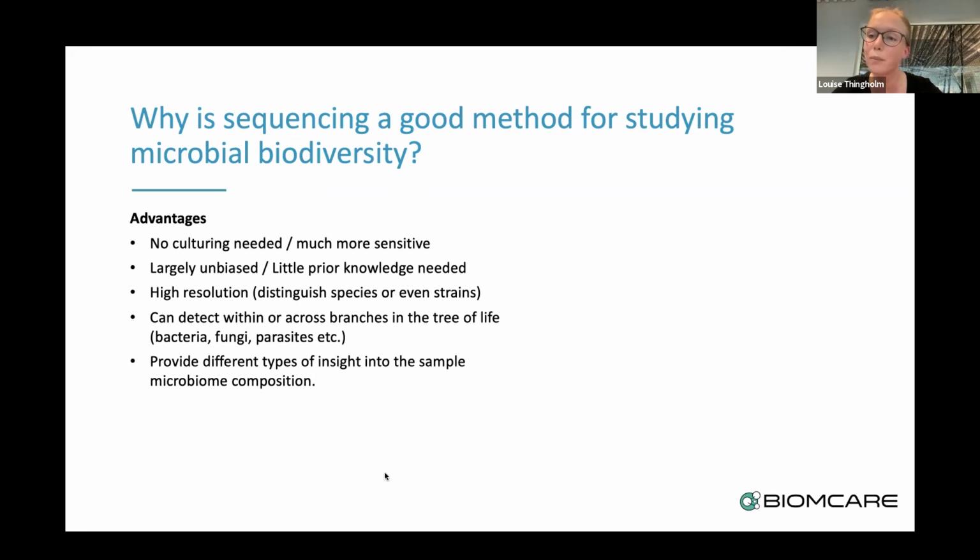You can look at other measures of diversity and relate it to other information. You can look at the functional capacity if you choose shotgun sequencing. So in that way, you get this biodiversity, and then you get a lot more information that can help you to interpret. And that's what I will focus on for the remaining parts of this presentation.